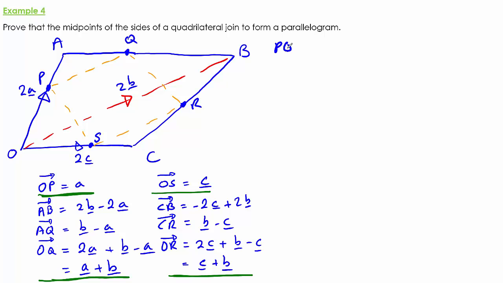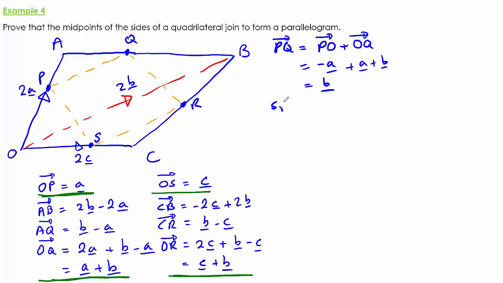So let's think about PQ. So I could go P to O and then O to Q. OP is A, so PO is minus A, and then OQ, we need to add A plus B, so that's just going to be B. So that's PQ.